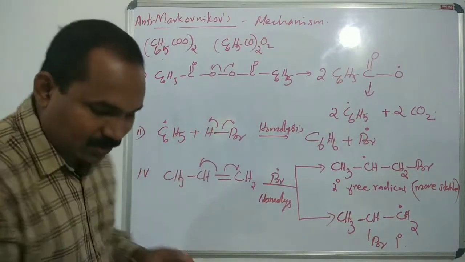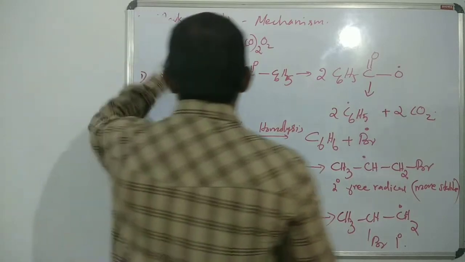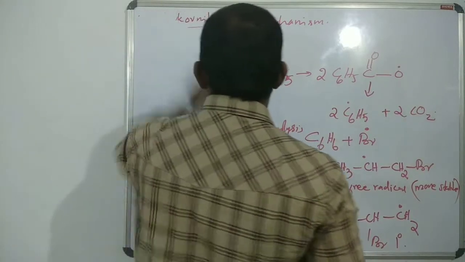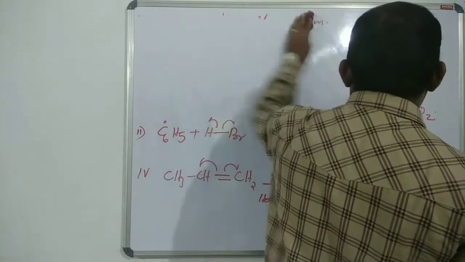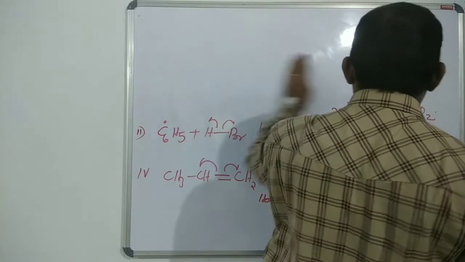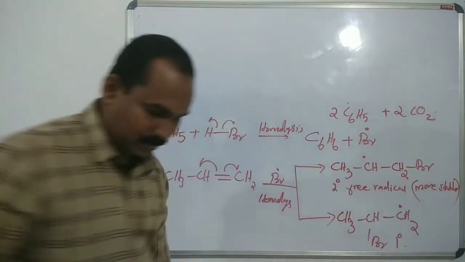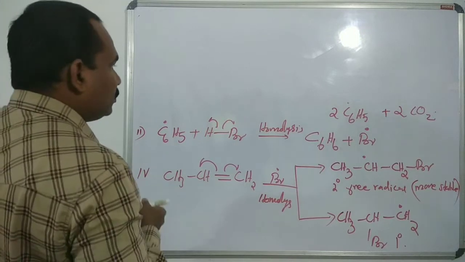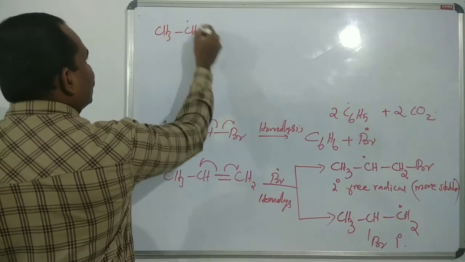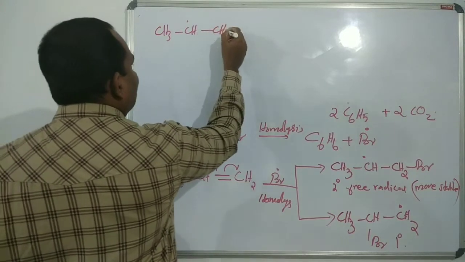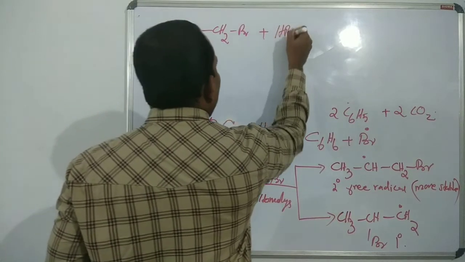Okay, so here there is no space. I just erase the first two steps. So into this alkyl free radical, HBr is again added. So CH3, CH free radical, CH2Br plus HBr.